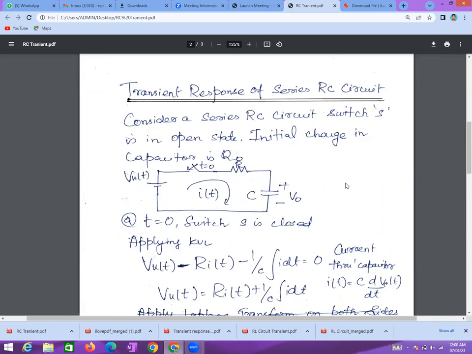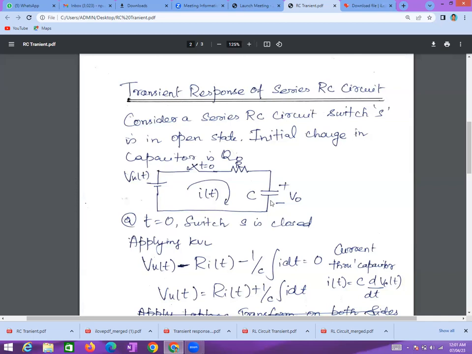Within a short duration of time, when the switch is closed at time t equal to 0, consider this diagram. Whenever the switch is closed at t equal to 0, the current passing through the resistor and capacitive elements will vary.